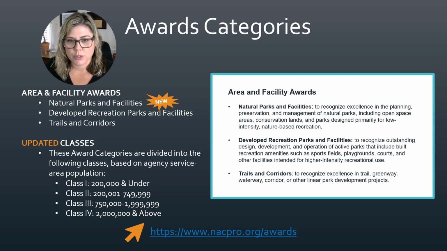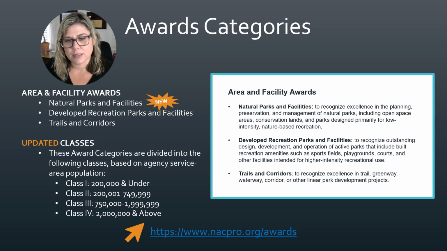You'll also have an option for developed recreation parks and facilities to recognize outstanding design, development, and operation of active parks that include built recreation amenities such as sport fields, playgrounds, courts, and other amenities intended for higher intensity recreational use. Finally, we have our Trails and Corridors category, which is meant to recognize excellence in trail, greenway, waterway, corridor, and other linear park development projects.